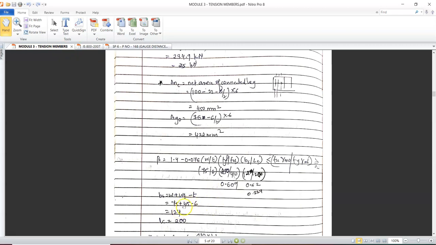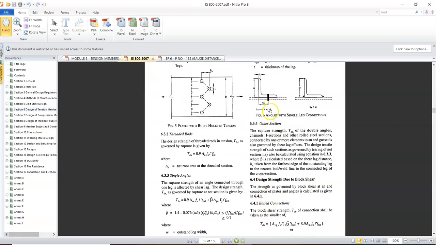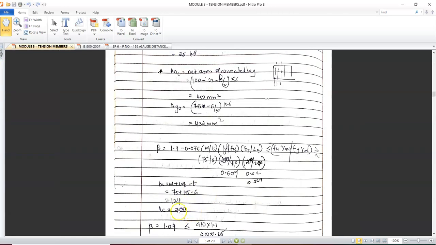This has to be 60 mm. 75 plus 60 mm, and lastly minus T. W plus Wt minus T, that is 75 plus 60 minus 6. So this will give you Bs as 124. This is 124 divided by LC.